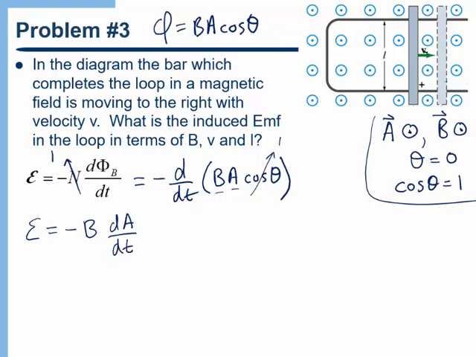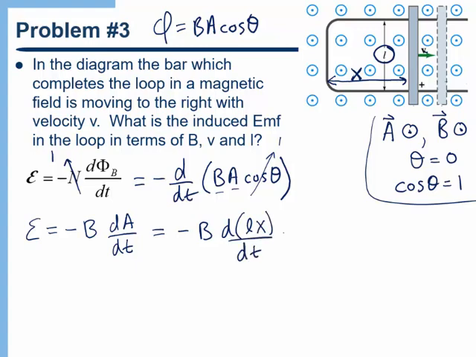But why is the area changing? It's not changing because this length is changing. It's changing because this length is changing. So I'm going to call that length x. And so I get negative B d(Lx)/dt.